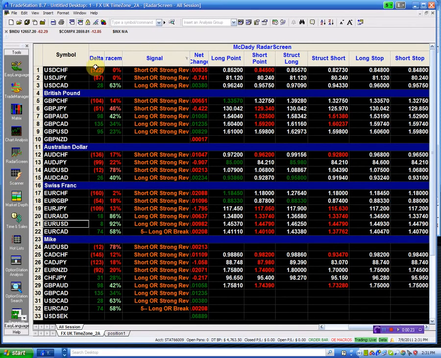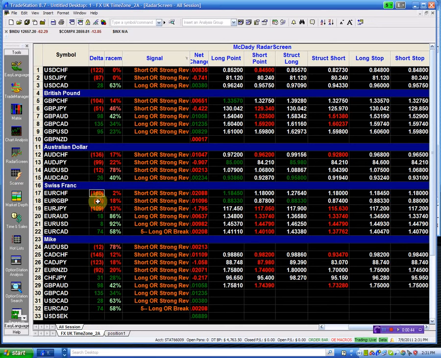you would see that the dollar Swiss had a 122 pip move. The dollar yen had declined 87. The pound Swiss declined 104. The pound yen declined 50. The Aussie Swiss 136.